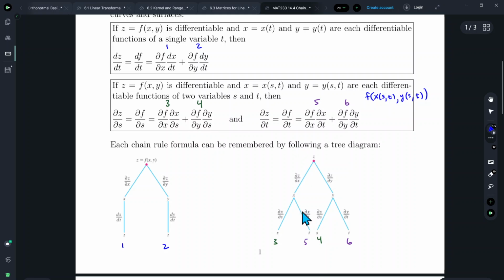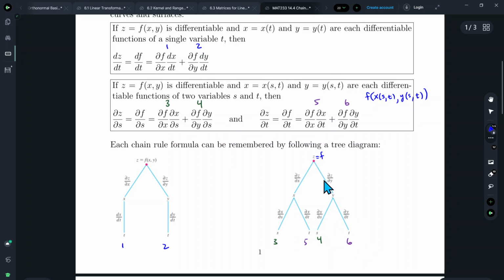And then for t, this starts from f, ends up at t. This starts from f, ends up at t. f is the same as z. So you get df dx, dx dt, plus df dy, dy dt.